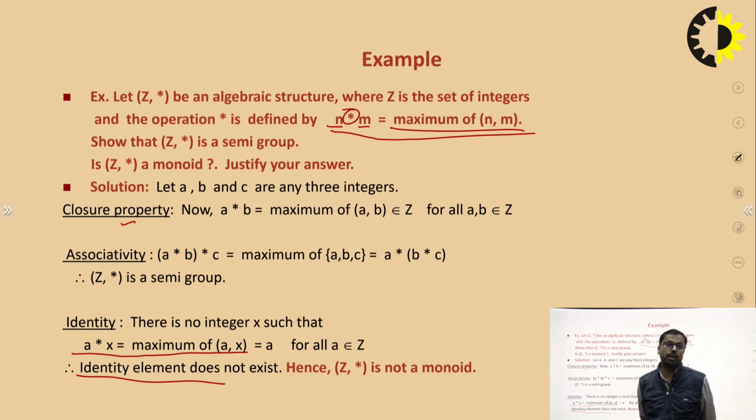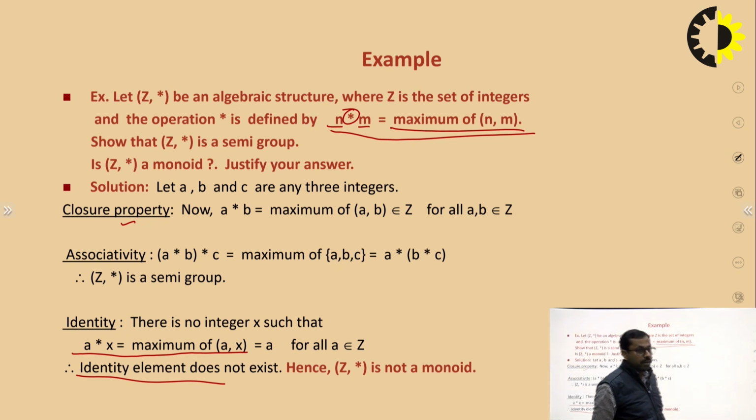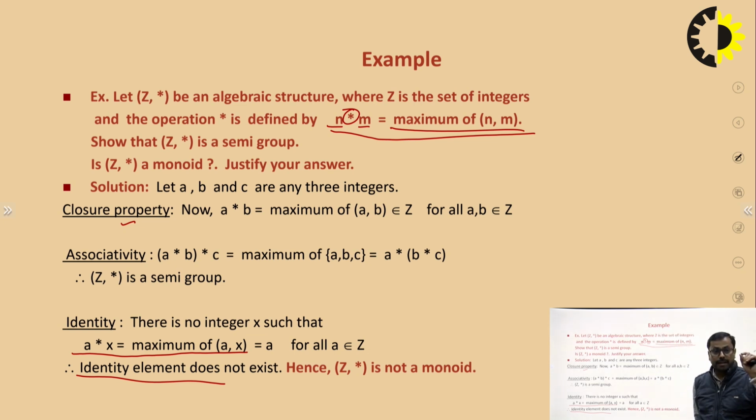But that is not the property of the existence of identity, because we already mentioned that the identity element in an algebraic structure is a unique value. It is also very important to tell you that the inverse element for a particular element in the algebraic structure is a unique element.